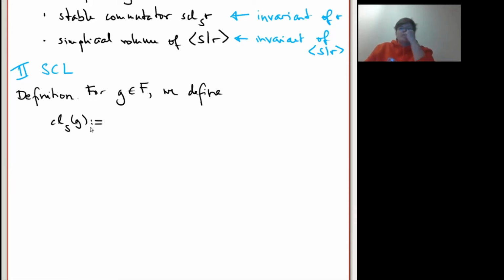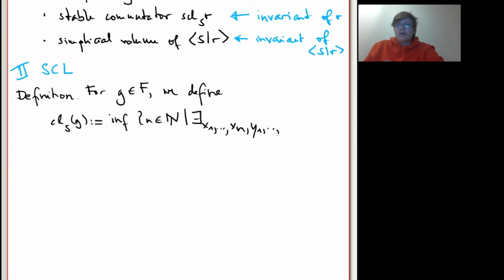It's a very straightforward definition, exactly what the name says. You just count how many commutators you need to write your element g. So it's the infimum over all n in N such that you can find group elements x1 up to xn, y1 up to yn, such that you can write your element g as this product of commutators.